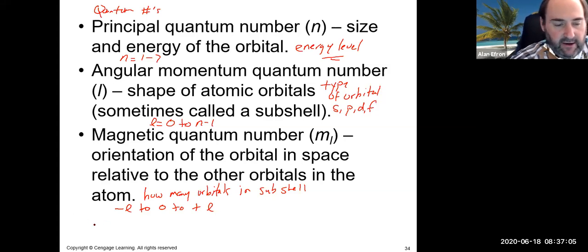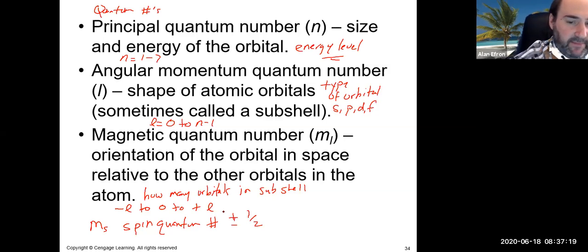And lastly, M sub S is our spin quantum number. That basically can have a value of plus or minus 1/2. And really what the spin quantum number tells you is, in an individual orbital, how the electrons are spinning.